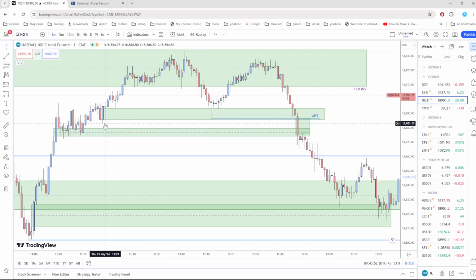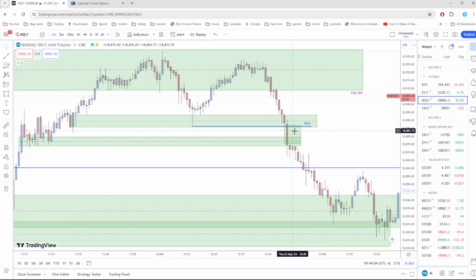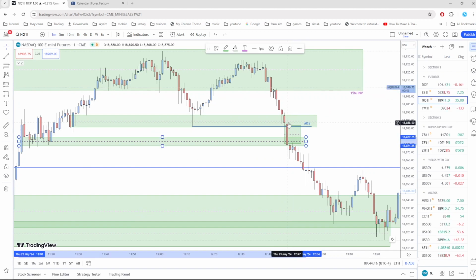Price came back to it here. They mitigated the longs. So those levels would have confluence behind them if we trade back to them.